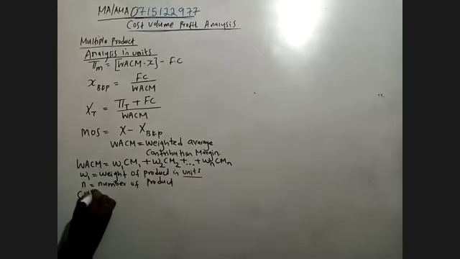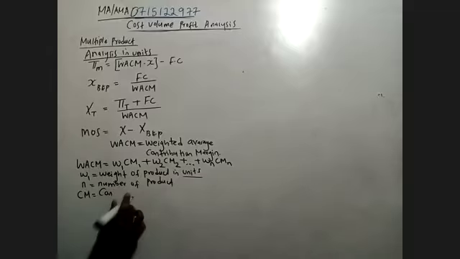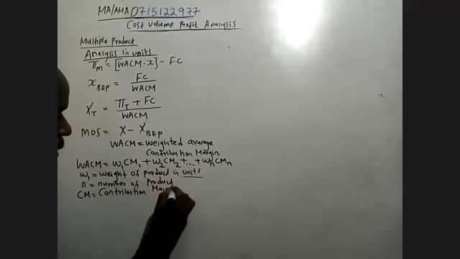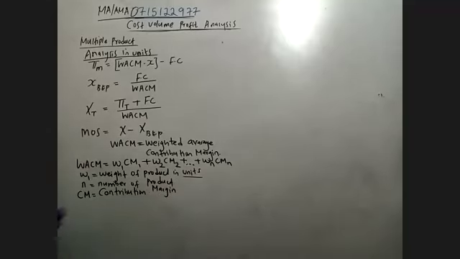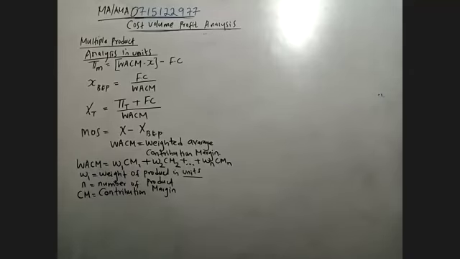CM is the contribution margin of product 1. So we have product 1, 2, 3, and so on. That's how we are supposed to talk about that one.